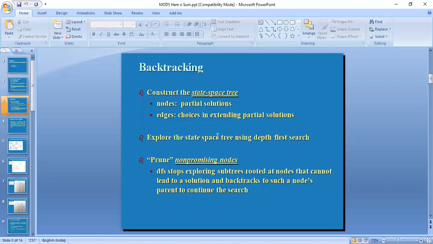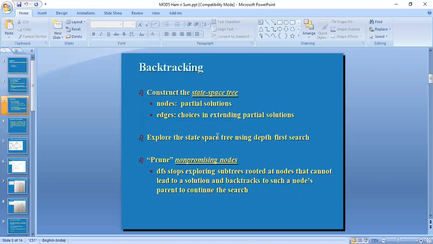Based on the constraints, you will be seeing whether you will go for a particular problem to be solved by using the backtracking method, in which you have two types of nodes. One is your promising nodes and another one is your non-promising nodes.